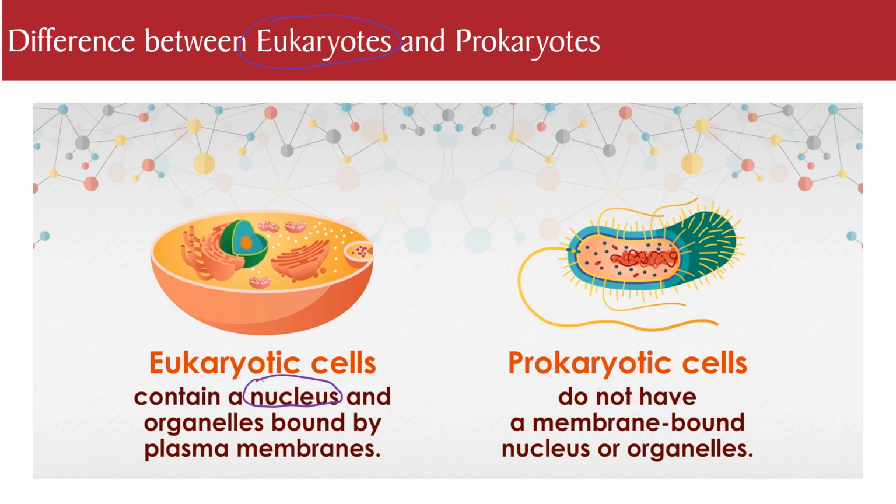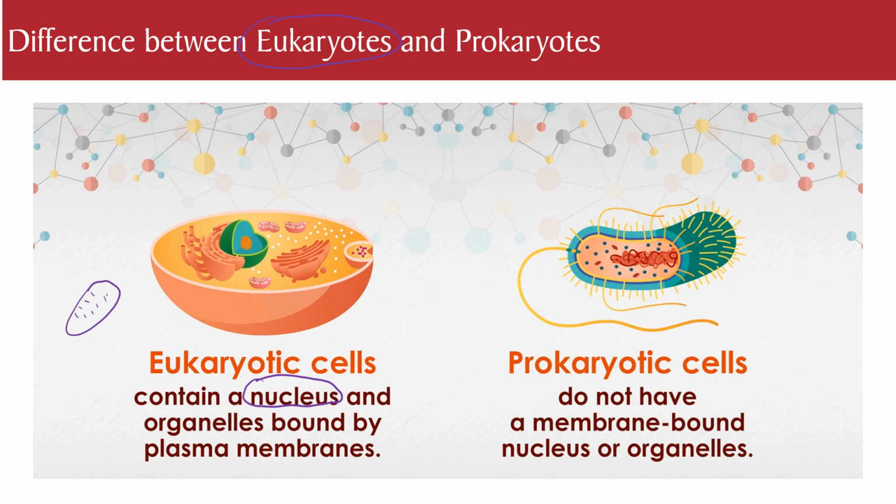But it also has other organelles that have a plasma membrane around the outside of them. For example, where we've talked about mitochondria before, it's got a bag around the outside, which is your plasma membrane. So it's an organelle that is bound by a membrane. It's like in a bag.